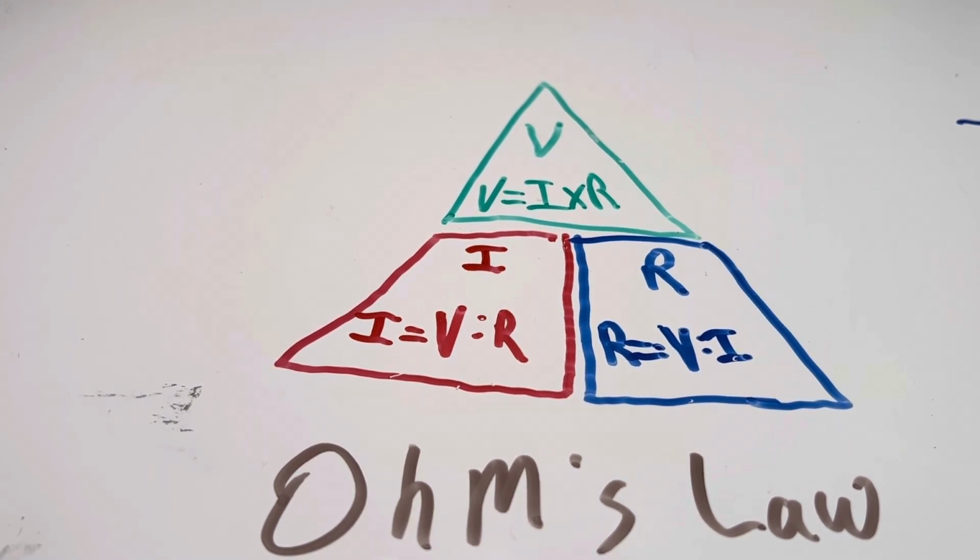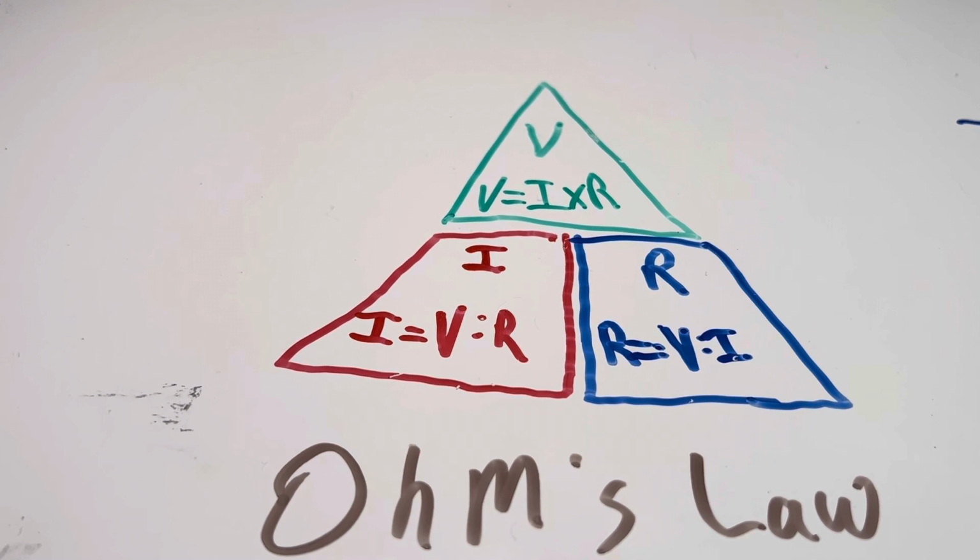It's got an inverse relationship with current and resistance. Likewise, current and resistance have a positively correlated relationship. As voltage drops, current and resistance rise.